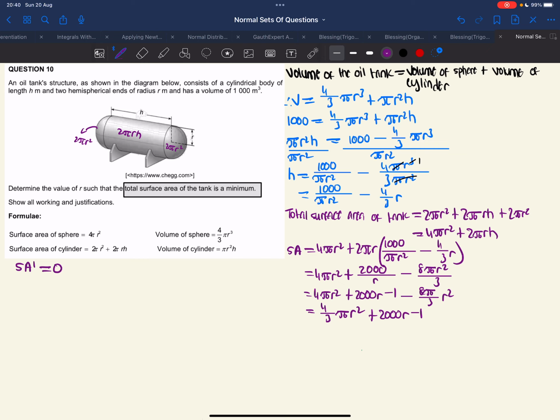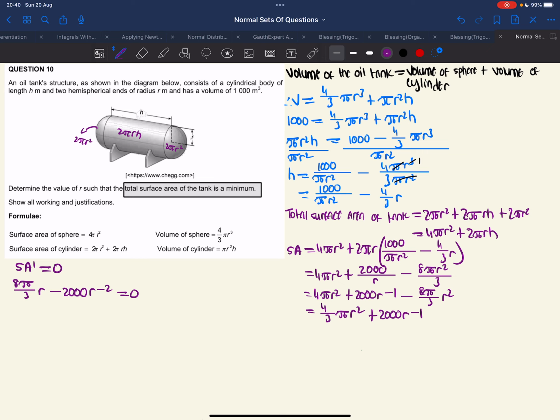So 4 over 3 times 2, we get 8 pi over 3 r, then minus 2000 r to the power of minus 2, and then we're going to equate it to 0.